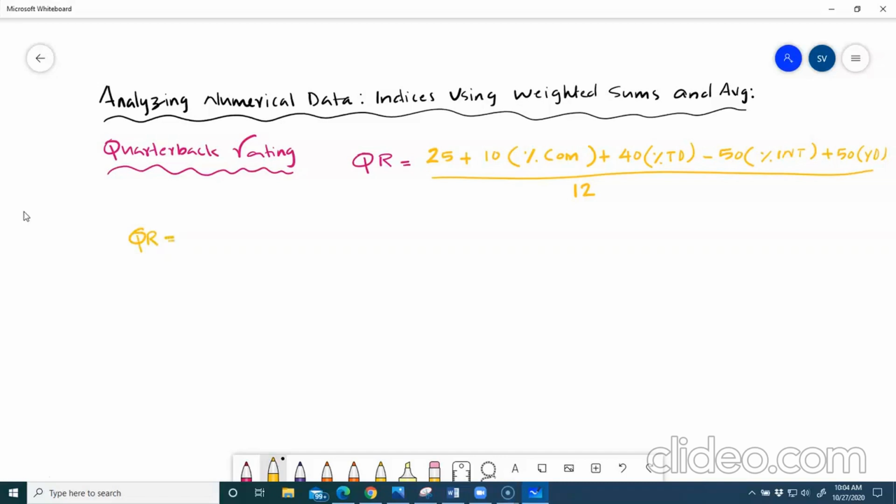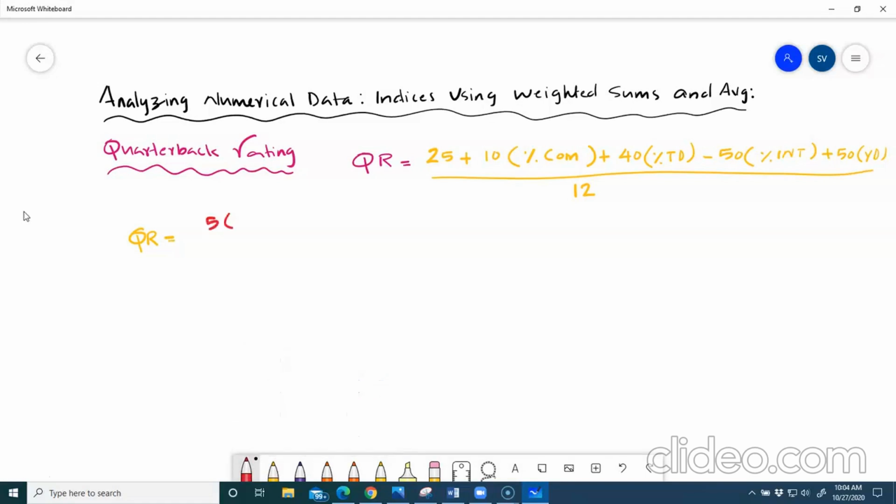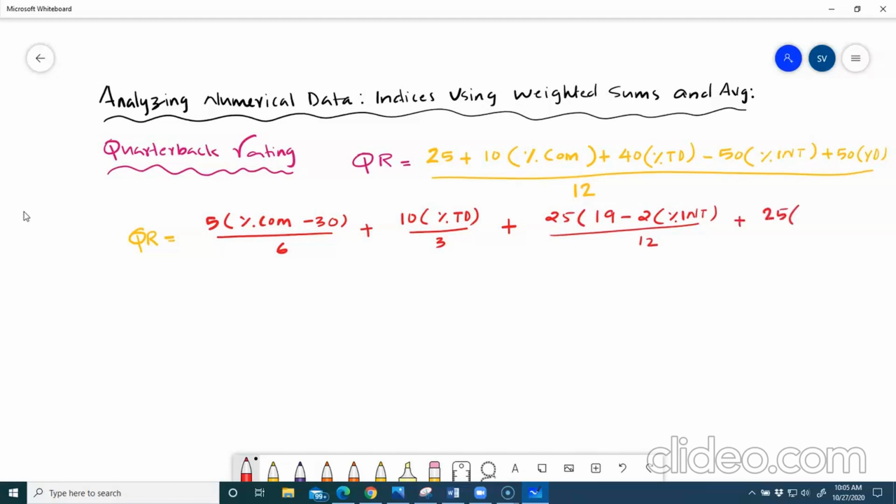Quarterback rating is equal to 5 times percentage of completion minus 30, over 6, plus 10 times percentage of touchdown over 3, plus 25 times 19 minus 2 times percentage of interceptions divided by 12, plus 25 times average yards gained per attempt over 6. This is actually the formula.